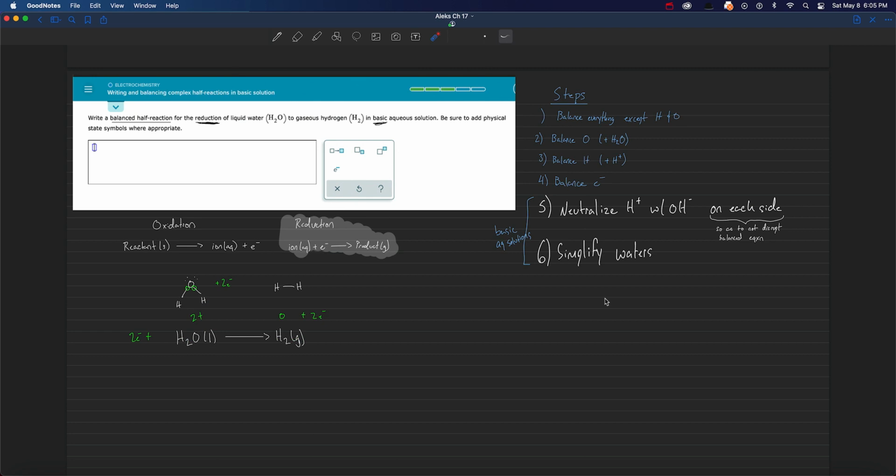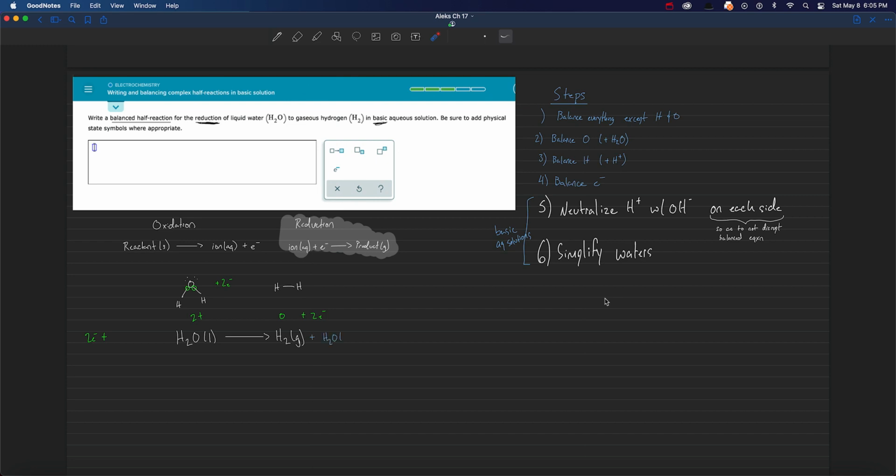Let's move on with other directions. Let's change this to blue. We're going to first balance out anything besides oxygen and hydrogen. Well, too bad, there's only oxygen and hydrogen. So what are we going to balance first? We're going to balance oxygen by adding waters. So here we have to add 1 water.